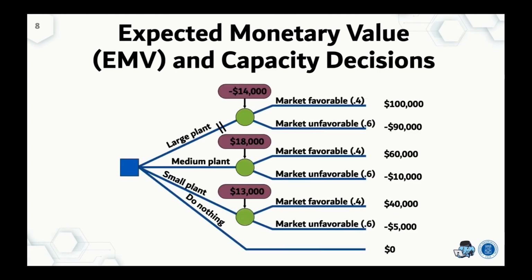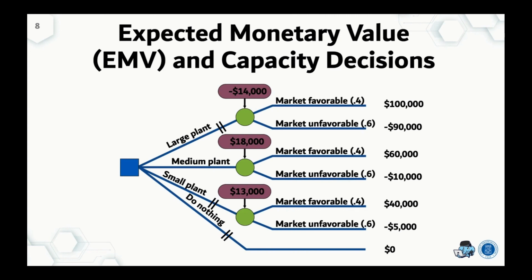Here we can calculate the expected monetary value of each decision. For example, if we build the large plant, what is the expected monetary value of building the large plant?